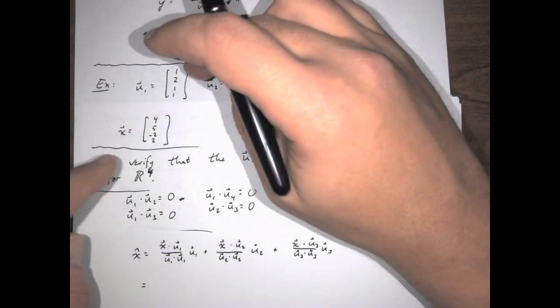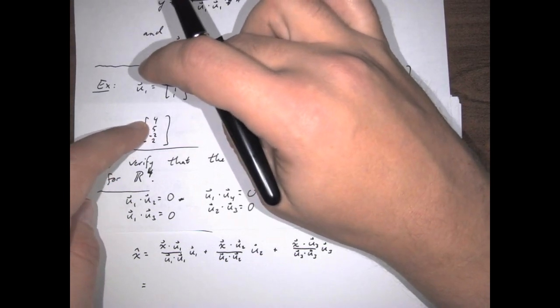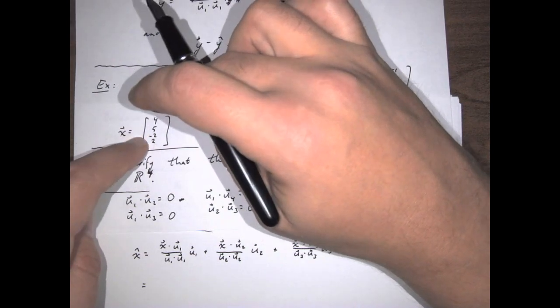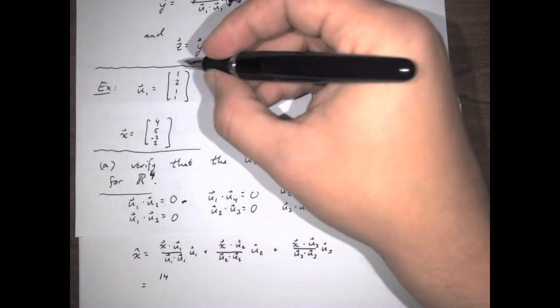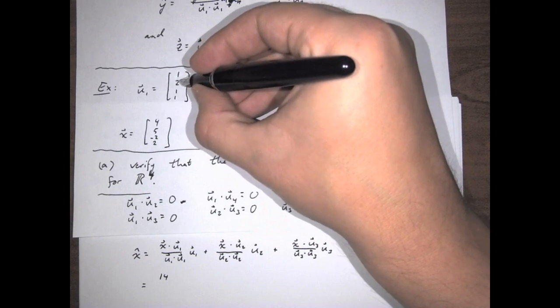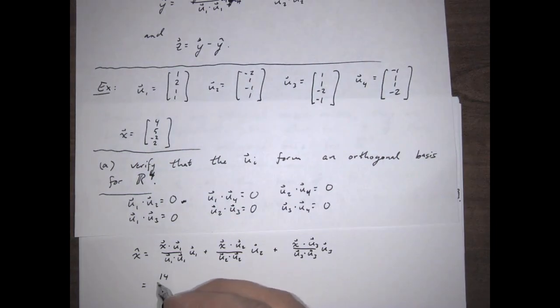So x dot u1 is going to be 4 plus 10, so it's 14, minus 2, it's going to be 12, plus 2, it's 14. Divided by u1 dotted with itself, so it's going to be 1 squared, plus 2 squared, plus 1 squared, plus 1 squared. So that's going to be a total of 7.